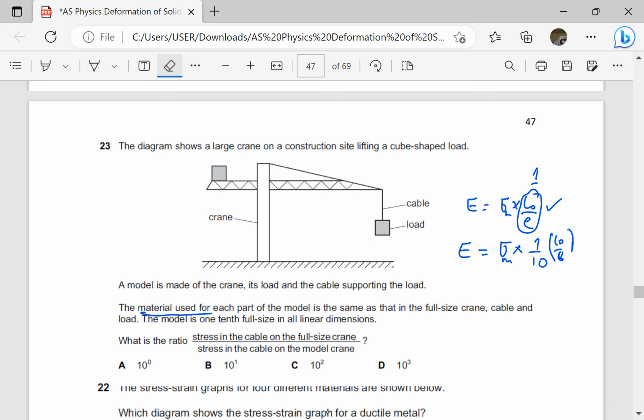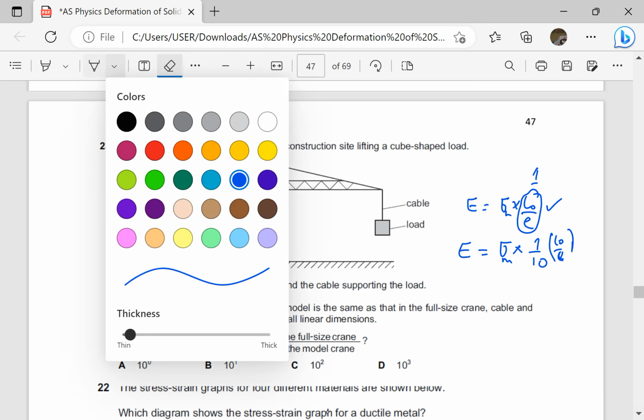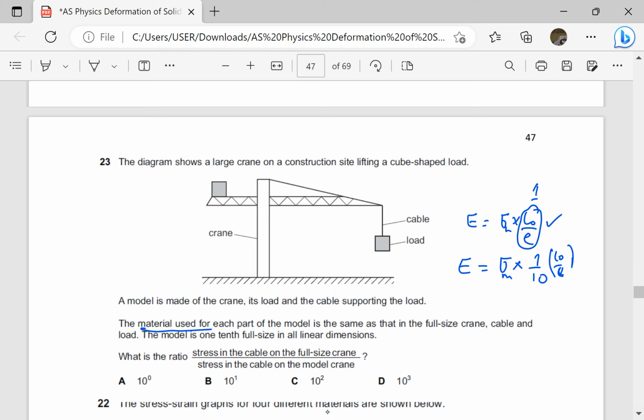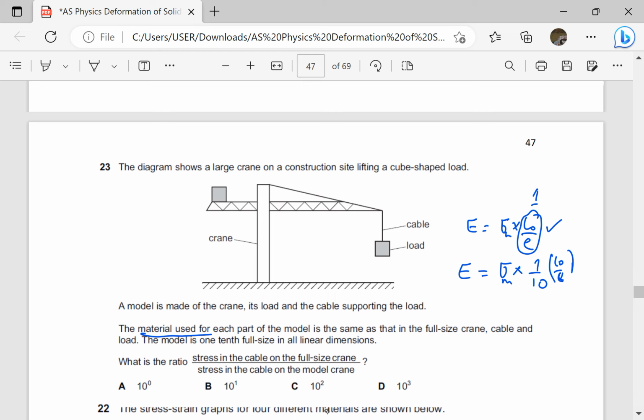Because we got the reciprocal, let this be 10. When I multiply the model by 10, I get back the original full size.